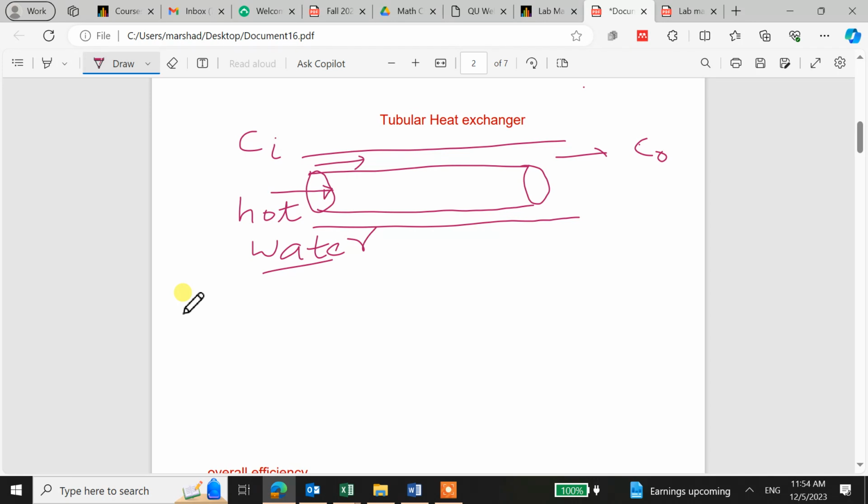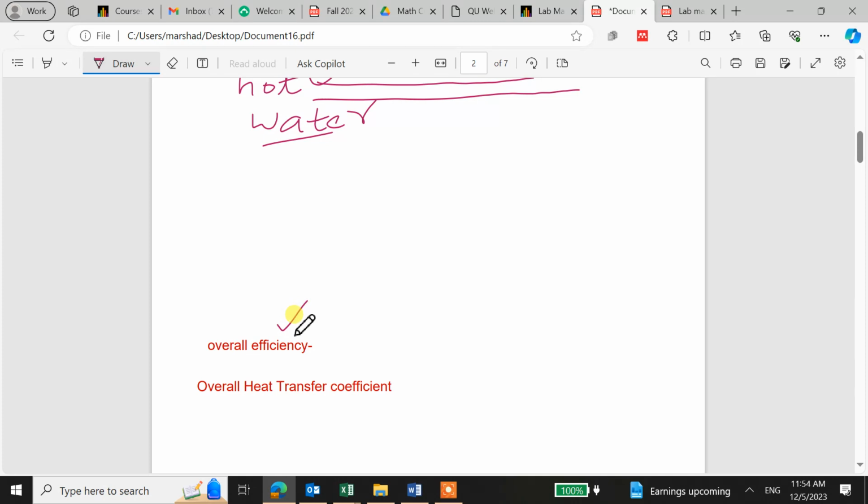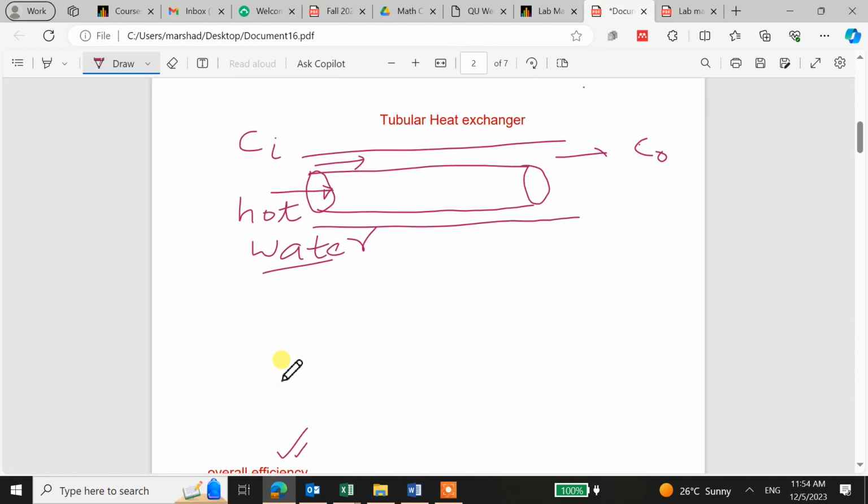What we need to do in these calculations, one thing is overall efficiency. Overall efficiency is basically about insulation. How good is the insulation of the heat exchanger? So hot water will emit the heat. It will give the heat to the cold, right? So Q emitted is mass flow rate of hot times Cp of hot times T hot out minus T hot in.